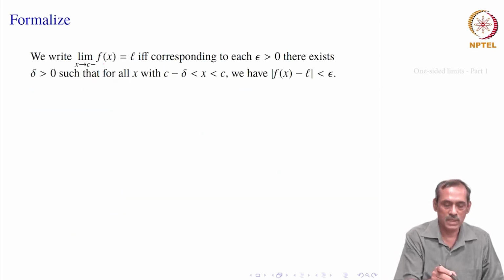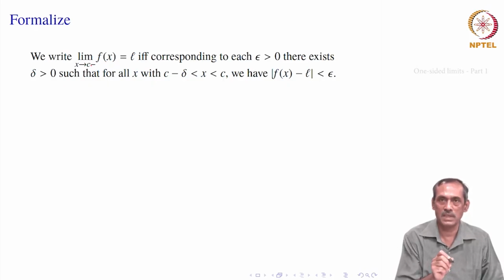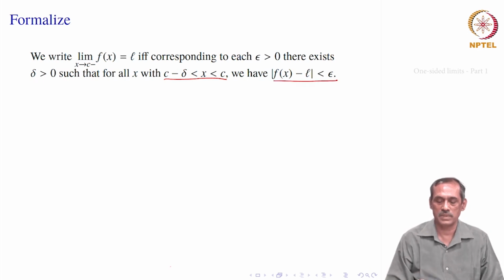So, we give a notation for the left side limit. Suppose f is a function given and c is a point. We say the limit of f x as x goes to c minus, that is what c minus means, the left side limit, is equal to L if and only if corresponding to each epsilon greater than 0, there exists a positive delta such that if x lies between c minus delta to c, then we have f x minus L mod less than epsilon.